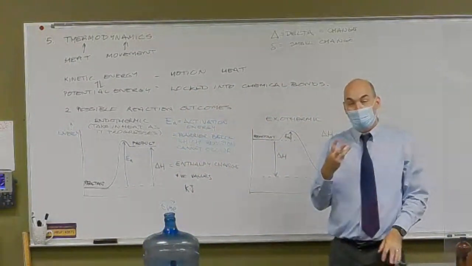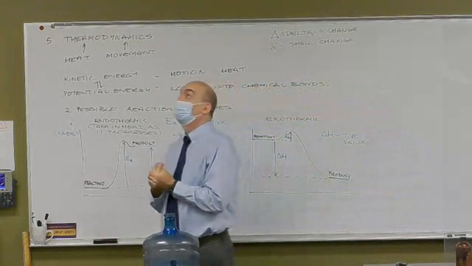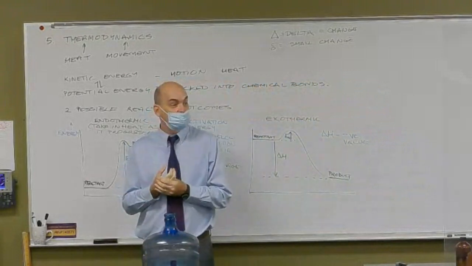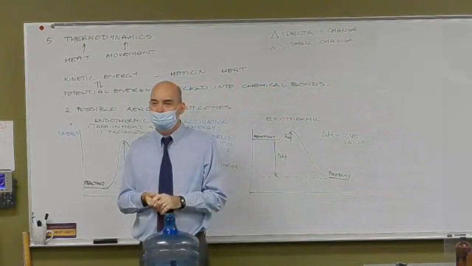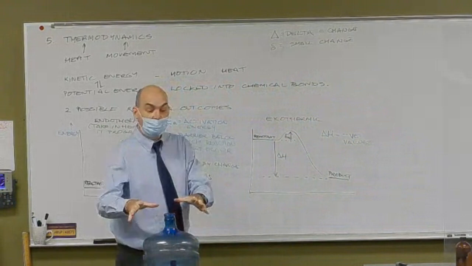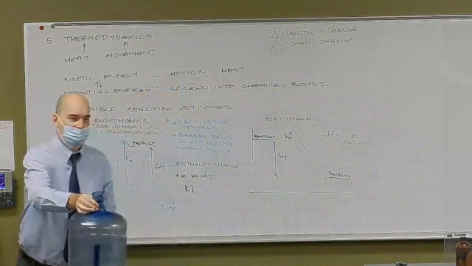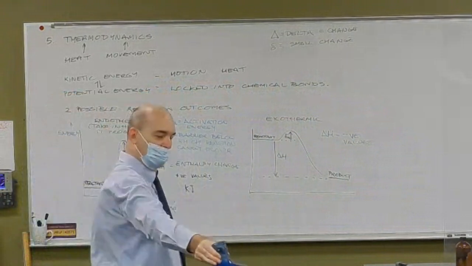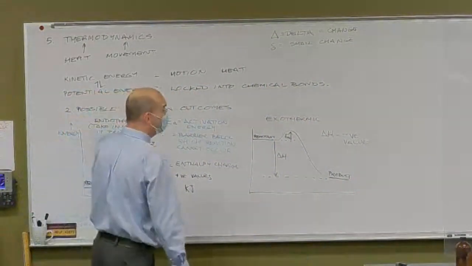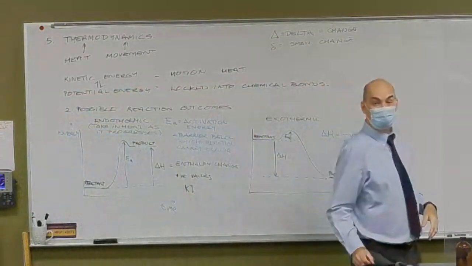That alcohol has 3 carbons, let me think, 8 hydrogens, and 1 oxygen. And I just turned that alcohol plus a whole bunch of oxygen into carbon dioxide and water.